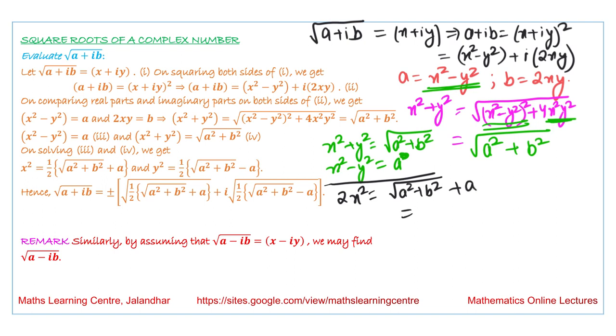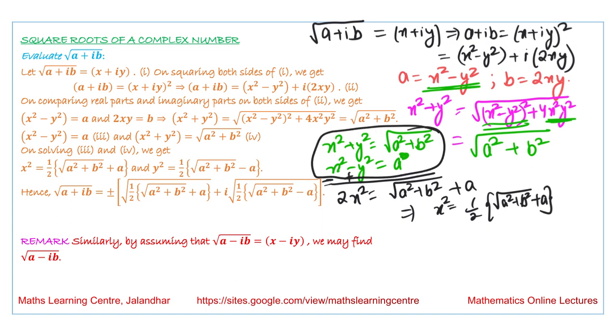So this implies that the value of x² is 1 by 2 times the square root of a² + b² plus a. If we subtract both these equations, we will get the value of y² equal to 1 by 2 times the square root of a² + b² minus a.